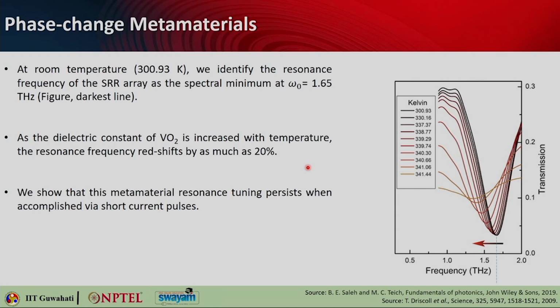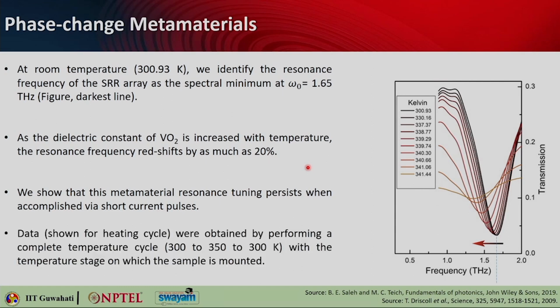VO2 heating will take place and you can actually change the transmission spectrum. As I mentioned, we have shown the heating cycle, but it was actually done by performing the experiment over the complete temperature cycle. That is, you start at 300, you go to 350 and then you go back to 300 again, with a temperature stage on which the VO2 sample along with that metamaterial was mounted.